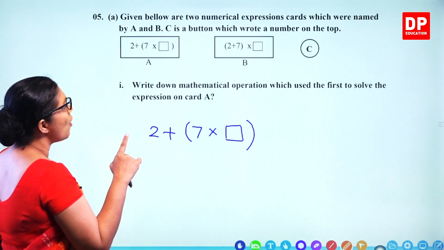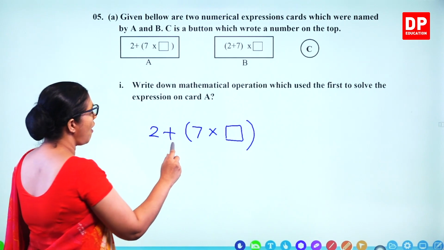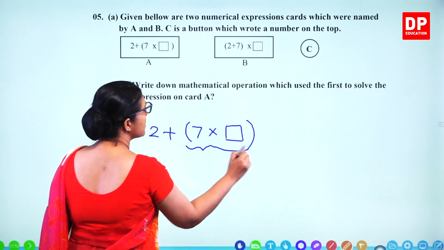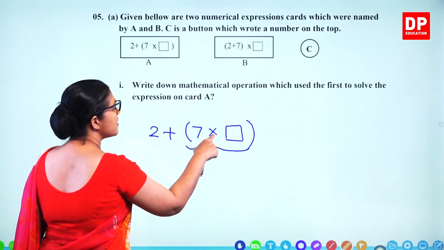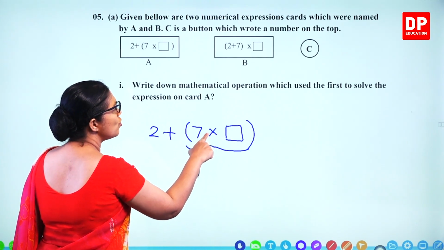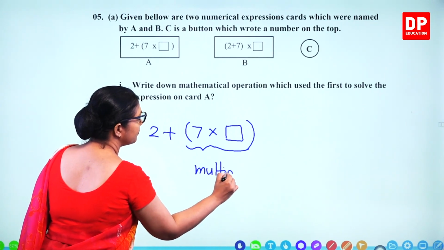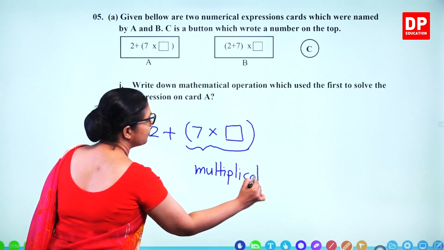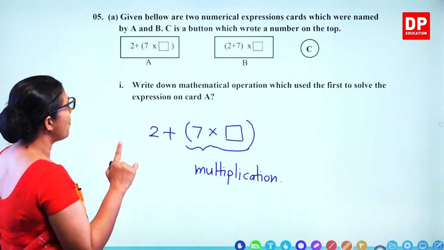According to BODMAS, you have to do brackets first. And then in brackets, that's multiplication. So you have to do multiplication first. So that's the mathematical operation.